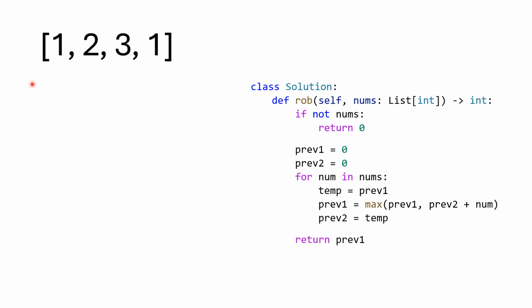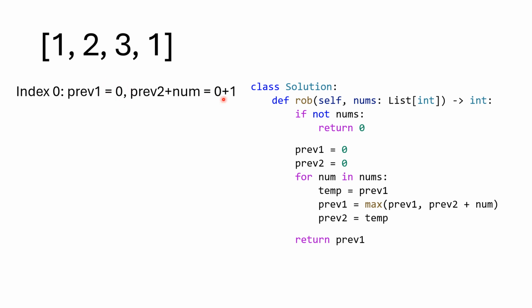Okay, this is the example that LeetCode gave. Starting from the index 0, which is number one, the previous is 0, and we follow this algorithm: for the number in nums, at the first number, it will save previous one into a temporary variable, and find the maximum of previous one and previous two plus num.